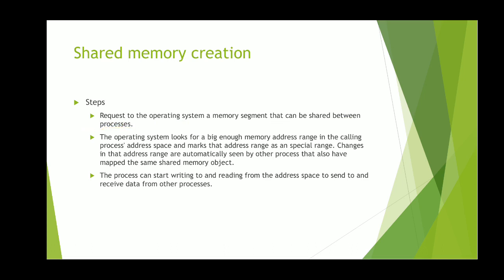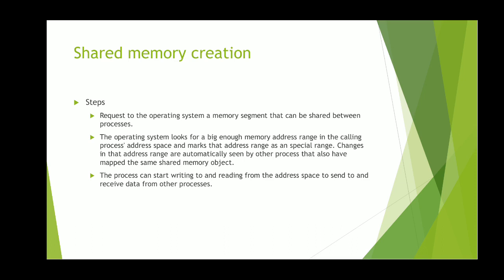Upon receiving the request for shared memory creation, the operating system looks for a big enough memory address range in the calling process address space and marks the address range as a special range. Changes in the address range are automatically seen by the other processes that also have mapped the same shared memory object. So the operating system will allocate a shared memory segment, and each process can see it.